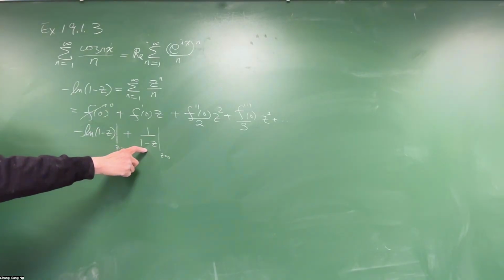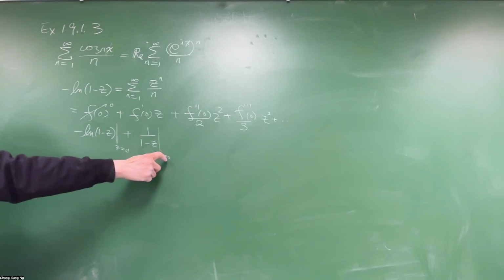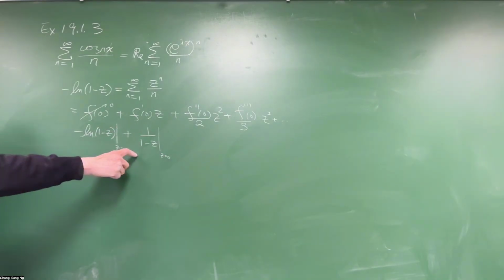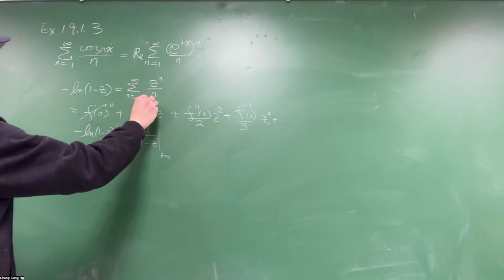So this is f prime. Then you evaluate at z equals 0, and that gives you 1.